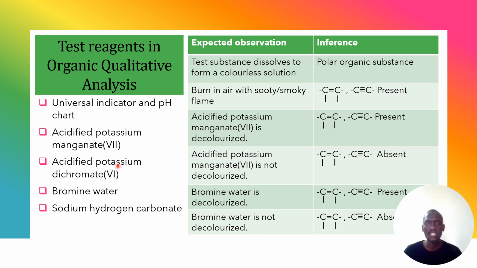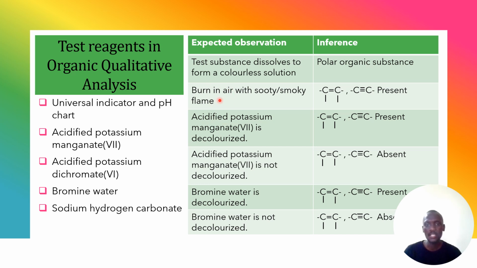Those are the reagents that are used, and the expected observations include: the test substance dissolves to form a colorless solution. If students are to test the solubility of a substance, then they are expected to infer a polar organic substance, if it is an organic substance. The second expected observation is on heating a particular test substance.